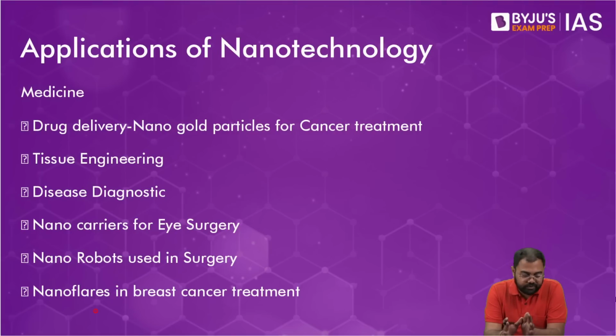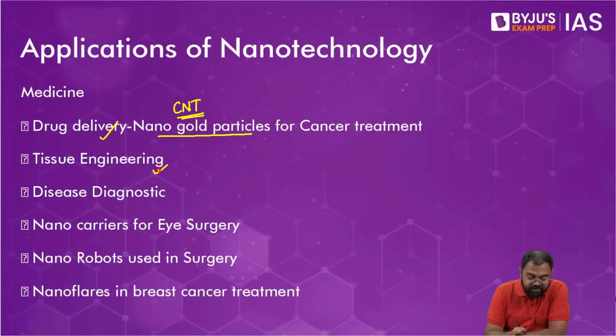So for example, we have the medical field. Now, in the medical field, we discussed drug delivery. In drug delivery, we can make use of gold nanoparticles. Apart from that, we discussed that we can even use carbon nanotubes for doing the same. In tissue engineering, we also discussed that carbon nanotubes can be used. In disease diagnostics, we see that we can make use of carbon nanotubes in many cases. Then, in making nano carriers for eye surgeries, we can also make use of them.